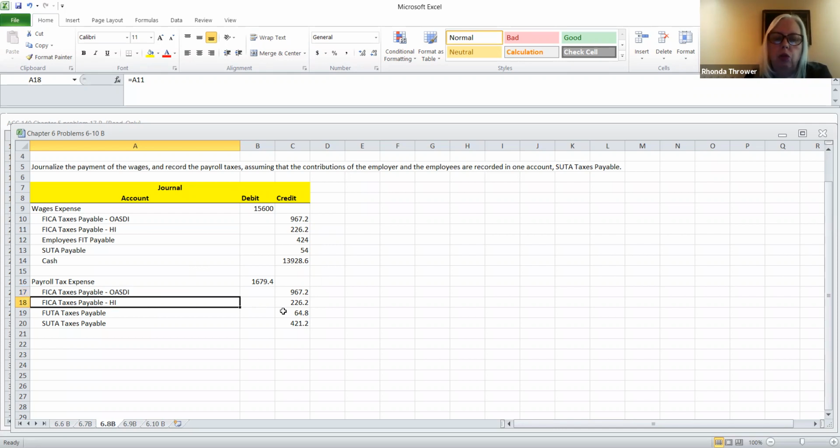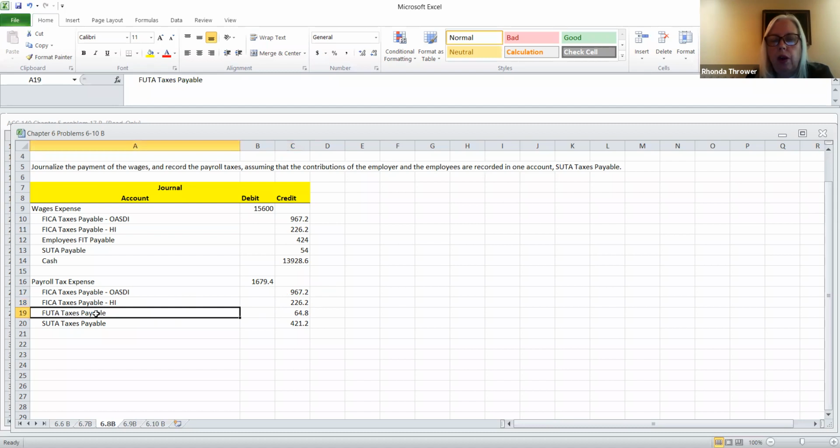The same is true for HI. We're going to match what happened up here. It was 15,600 times 0.0145. And that will give you the HI portion of the FICA taxes. Both of these are liabilities. They're going up on the credit side.